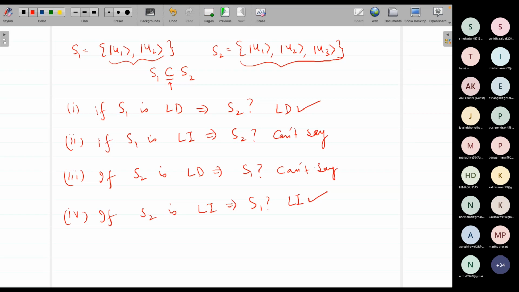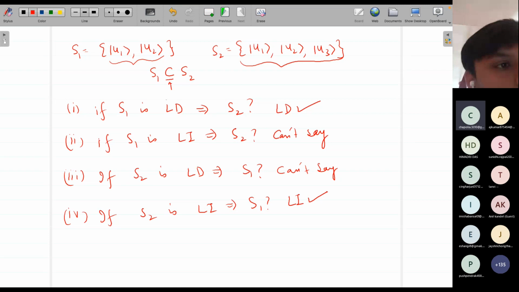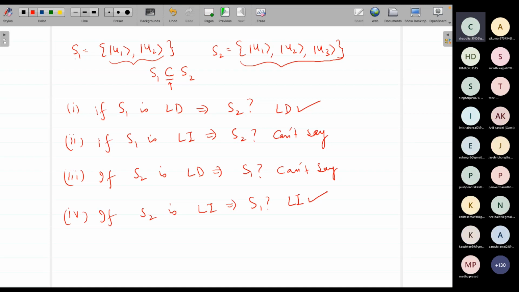Yes, sir. So some of the properties of linear dependence and independence, if you understand these, then when we are talking about subspaces and bigger linear vector spaces, some of the properties of the bigger one follow. If S1 is linearly dependent, S2 is linearly dependent. So if the smaller one is linearly dependent, the bigger one is surely linearly dependent. Or if the bigger one is linearly independent, the smaller one is going to be linearly independent.